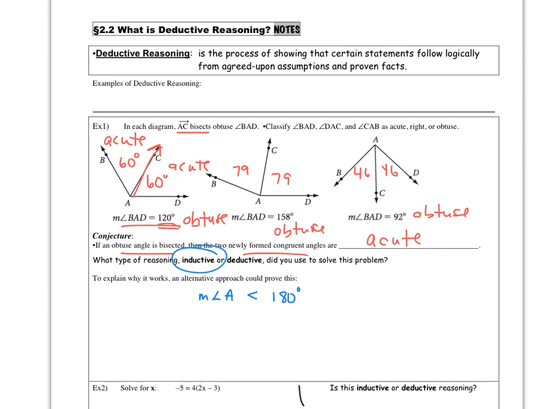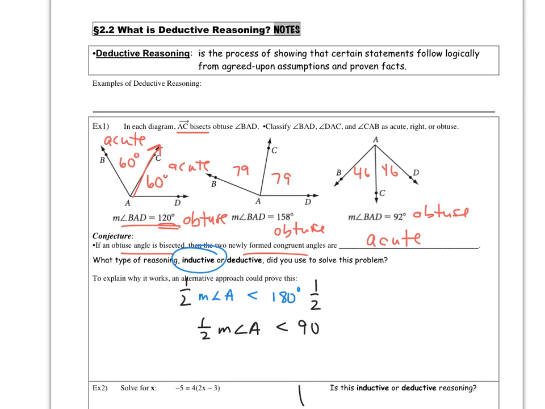Well, what if I multiplied both sides by a half? Now I've got half of the measure of angle A is less than what number? 90.